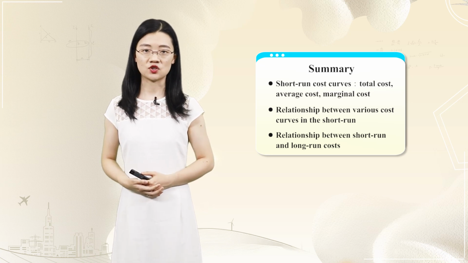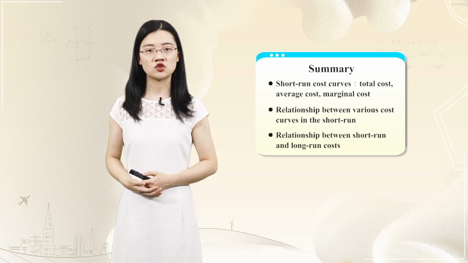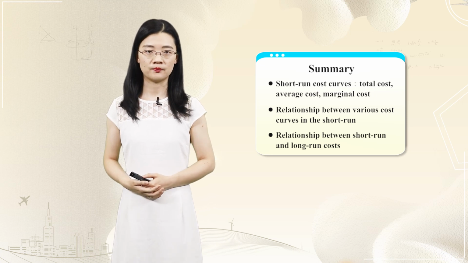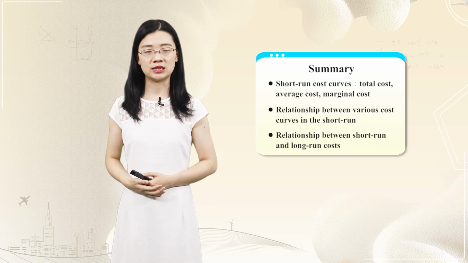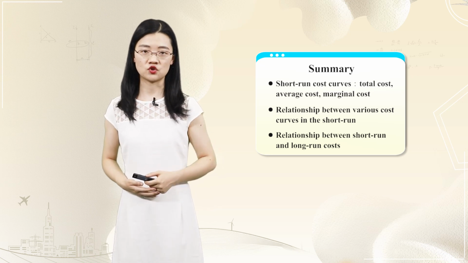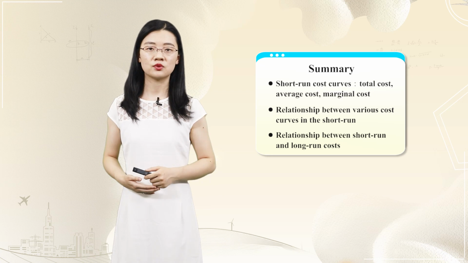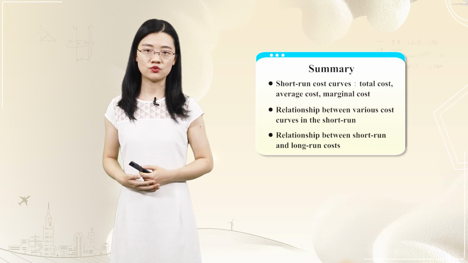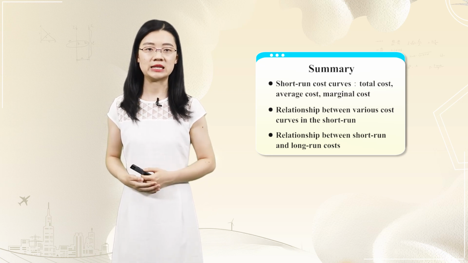From the next lecture, we will start our discussion on the market structure. We will put the cost function discussed in these two lectures into the producer's profit function and analyze the producer's profit maximization problem in different market environments. Hope to see you soon.